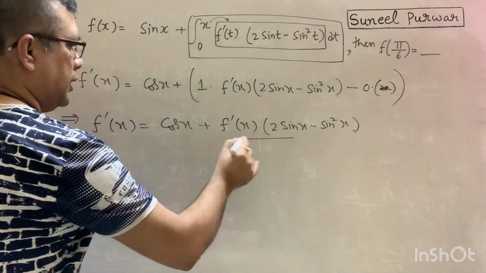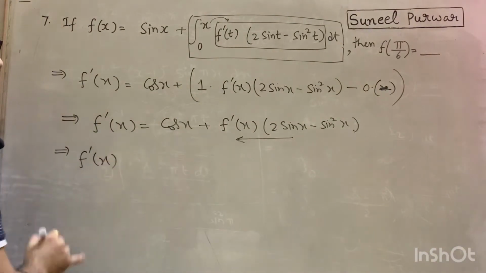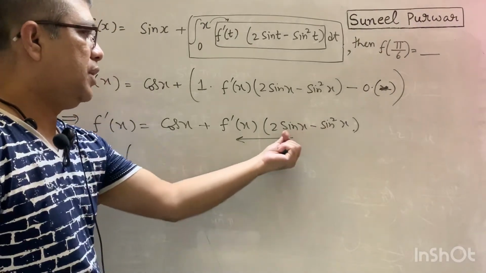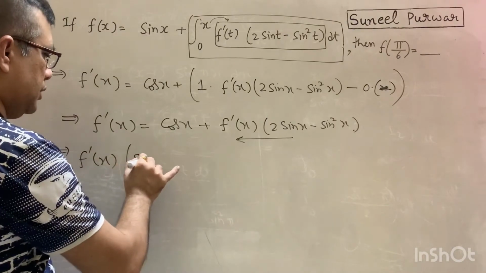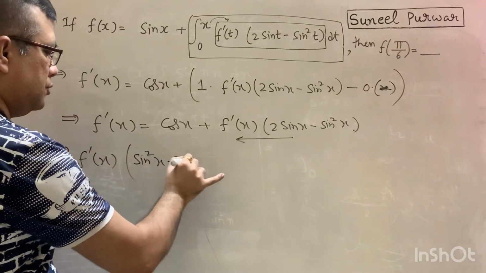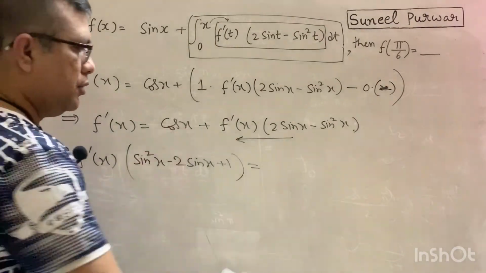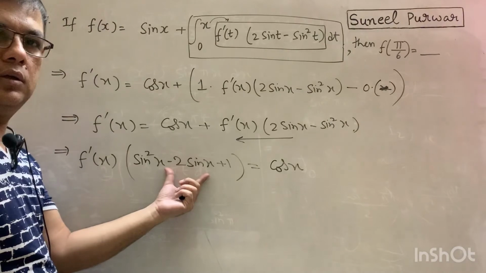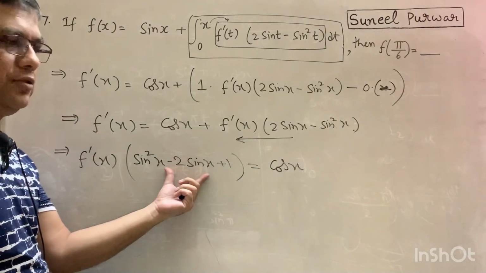Take this term on the LHS. So what is the net coefficient of f dash? This will become sin square x minus 2 sin x plus 1 equal to what is left, cos x on RHS. But this is nothing but sin x minus 1 whole square, or 1 minus sin x whole square.